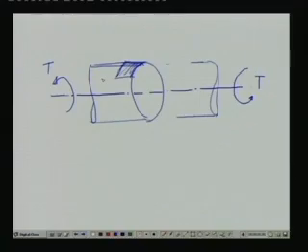So, if we look at the element and look at this torque onto this face, what will be happening?